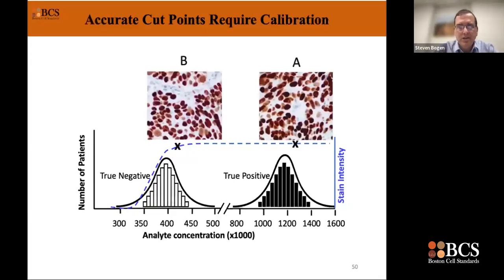If the concentration of sample B, let's say, in the negative group is around 400,000, and sample A, the positive group, is at 1.2 million, they're both on the analytic response curve plateau. The staining will be indistinguishable, both concentrations being on the plateau. This is why the cut points and linear ranges are so important.